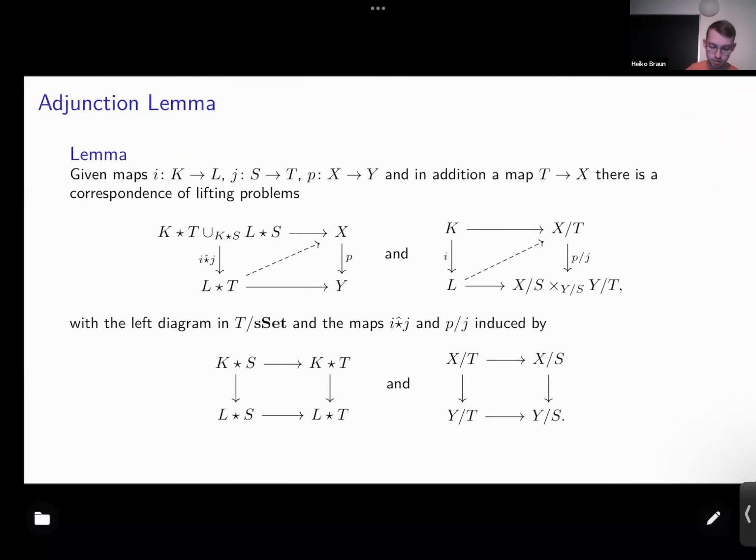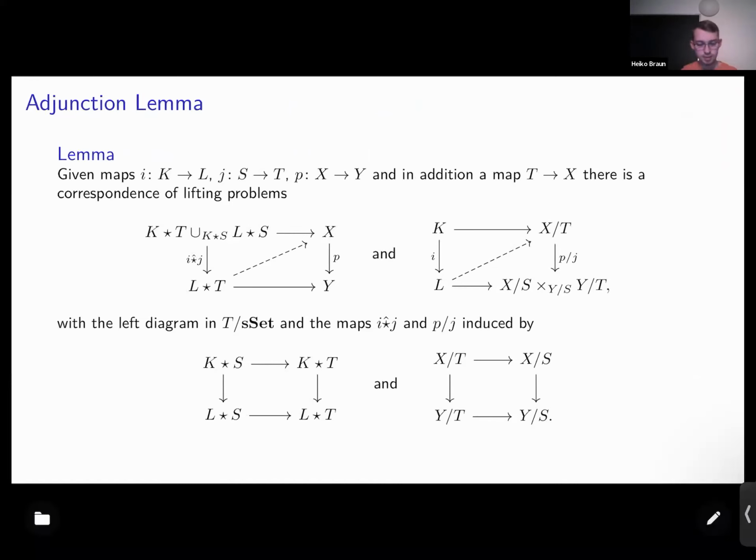Then we continue with an adjunction lemma. This is a very important step in the proof we will later employ in Joyal's lifting theorem, namely, when we have a map I that goes from K to L. It is now a little bit technical, but bear with me, it will be used over and over, so you will get accustomed, hopefully. So K to L is the map I, S to T is the map J, and X to Y is P. And then when we have in addition a map T to X, we have a correspondence of these lifting problems.